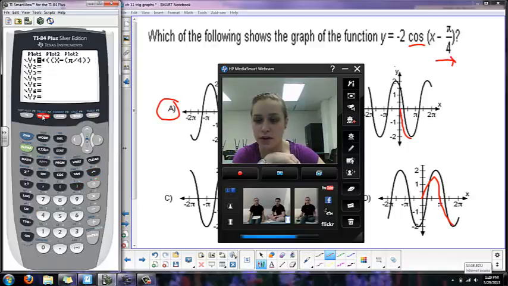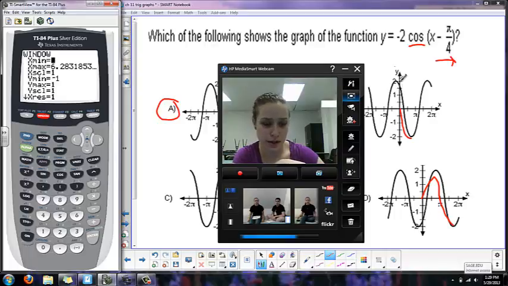And then I'm also going to set up my window to be between +2 and -2, -2 pi and +2 pi, just so that it's set up with the way that the pictures are. So between -2 pi and +2 pi, between -2 y and +2 y. And then let's graph.